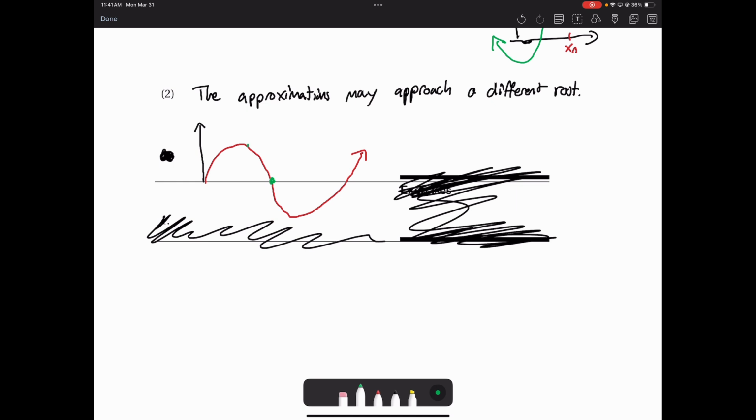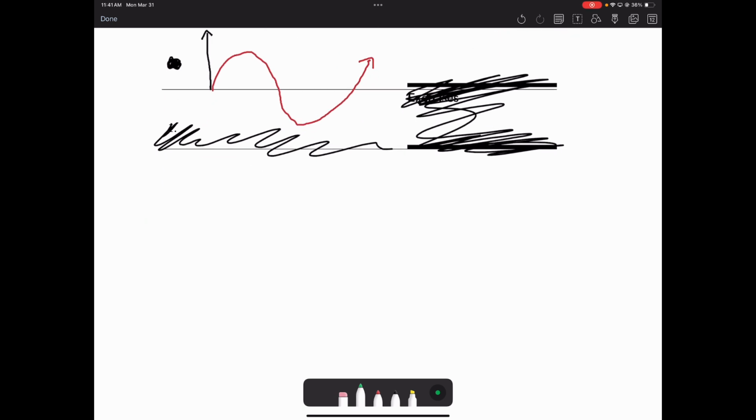So I'm going to pick my first guess here. Well, if I draw my tangent line, my linear approximation, I get my next guess right here. And then if I draw my linear approximation there, look where it's taking me. It's taking me over to the other root when I wanted to find this one. So that's another issue that can happen with Newton's method: you could end up approaching the wrong root or a different root.